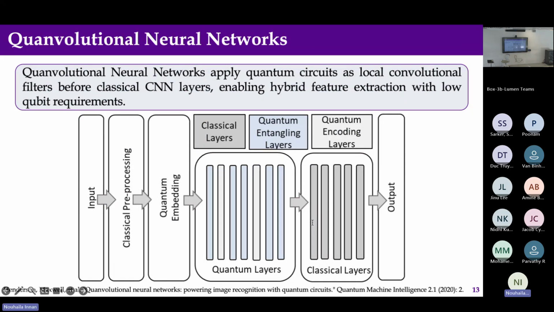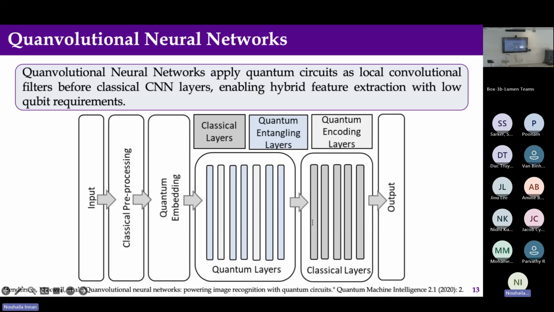This one is the quanvolution, and I would just say the name is different. So the idea here is to have a convolutional layer where, instead of processing the entire input data with a global function, a local convolution is applied, and only convolutional layers are implemented with the PQCs.